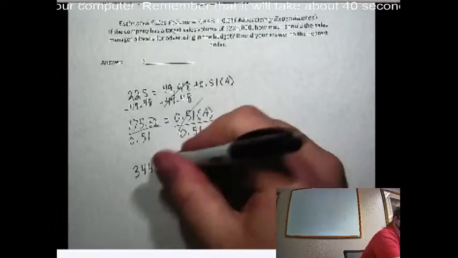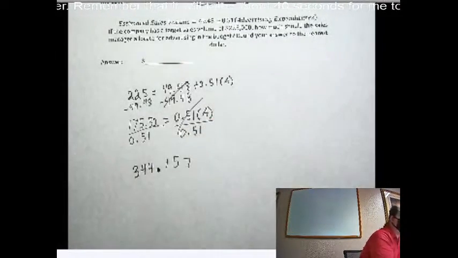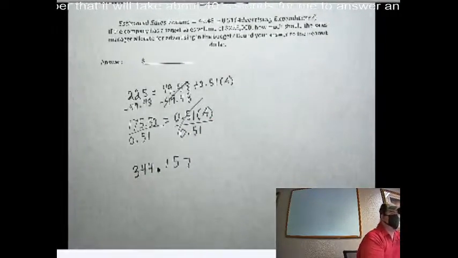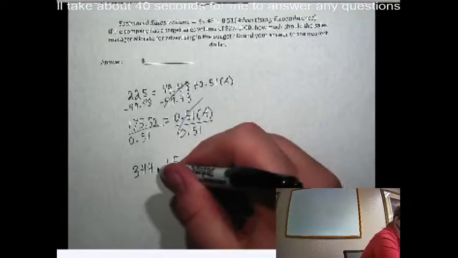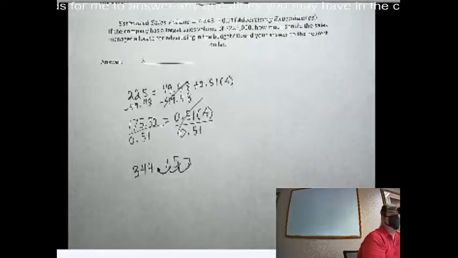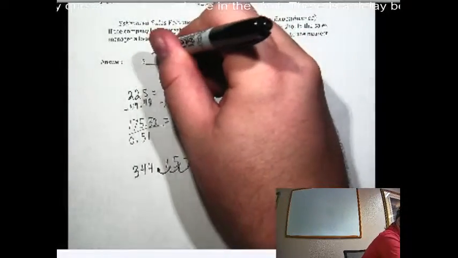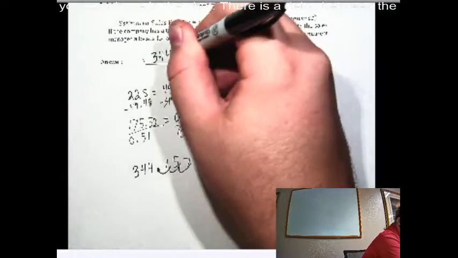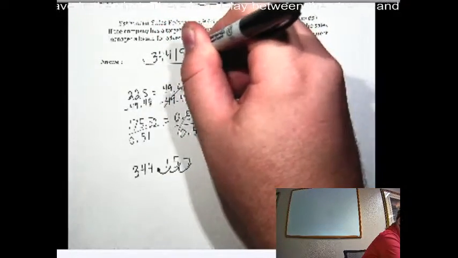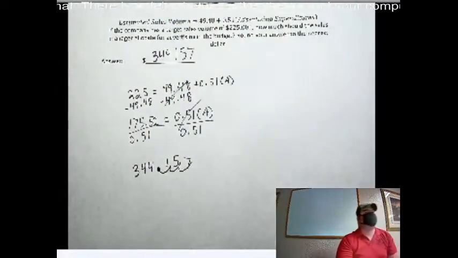Yes. Right now, it's showing us in thousands of dollars. We need to multiply it so it's in just a regular number form. In other words, multiply it by 1,000. So our real answer is $344,157.